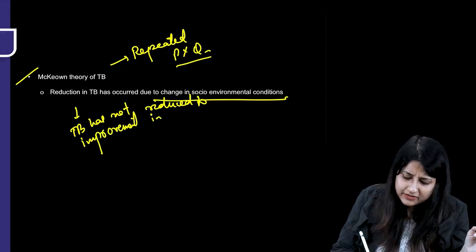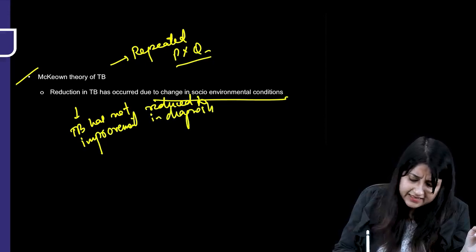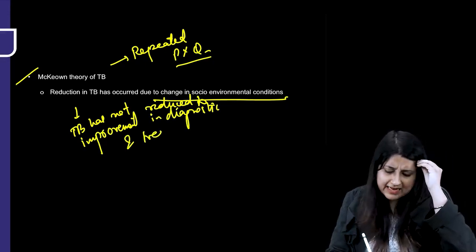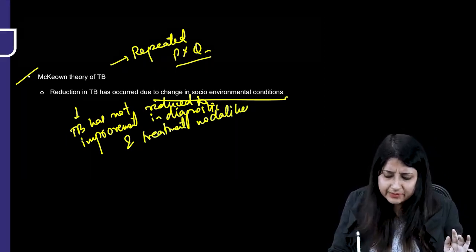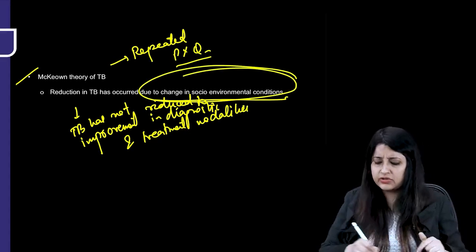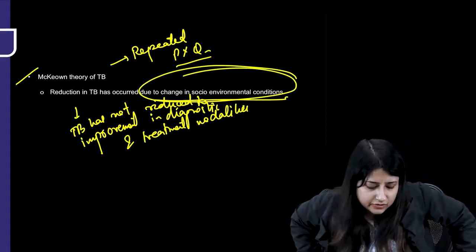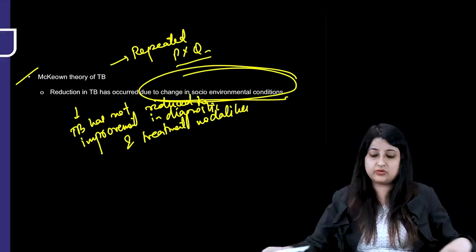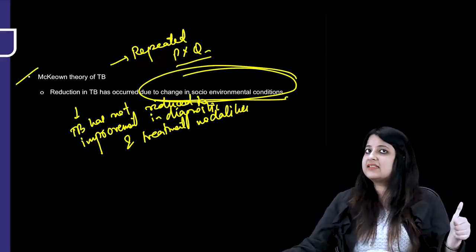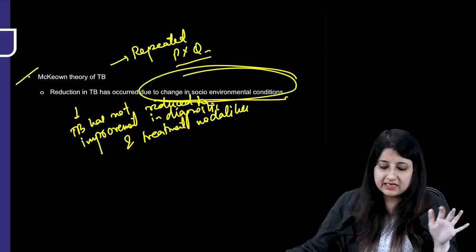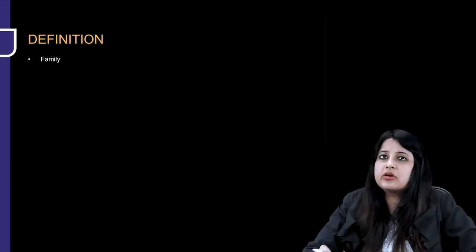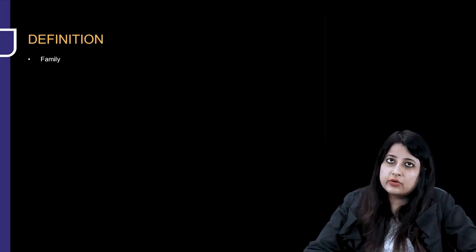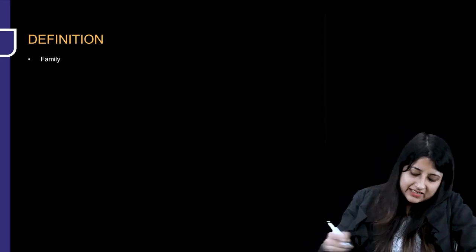So just remember Marxist and Mckeown. They can definitely come in your exams. Okay, so that was a quick revision of the first part, all the important sociology definitions which can come in your exams. Now let's quickly do family.